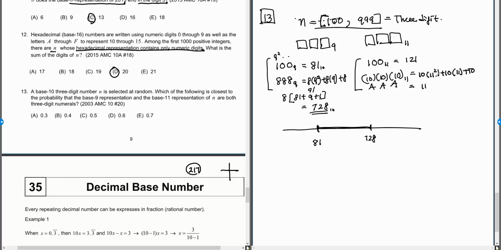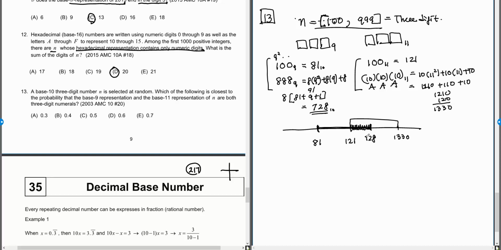Directly we can find: 11 squared is 121, times 10 is 1210, plus 110, plus 10, so 1330. From 121 to 1330, when you change these to base 11, they are all 3-digit numbers. But to satisfy both, only this range is available.